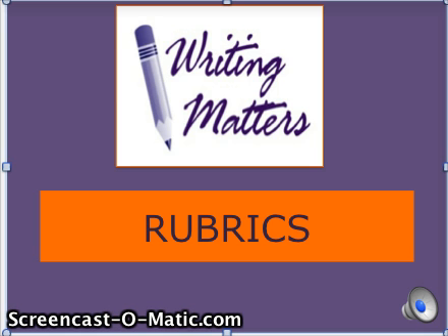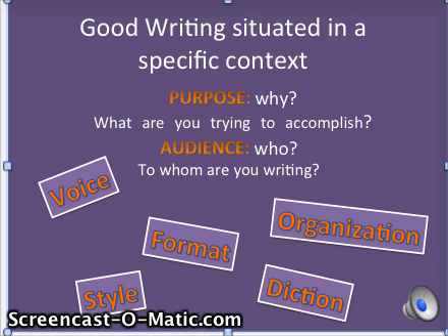So first, let's talk about the theoretical principles behind rubrics. The first is to realize that we talk about good writing as though it's something that we can all define universally for all time, for all contexts, but that's not really the truth. Good writing is only good insofar as it's situated in a specific context.